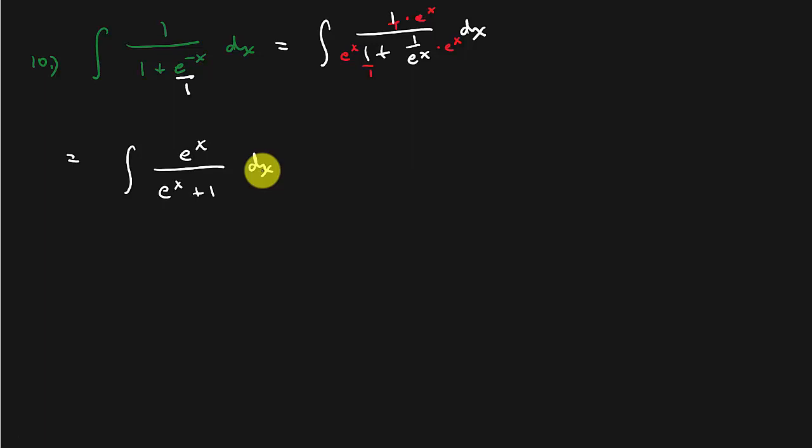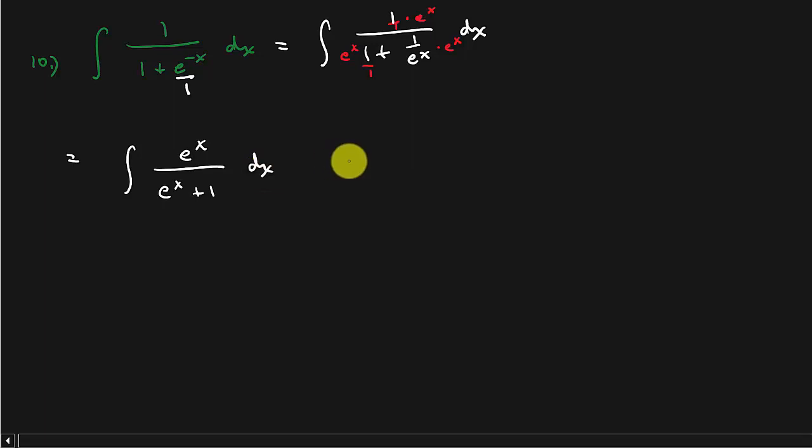And so now let's try U-substitution. I'm going to let u equal e to the x plus 1. I'm going to let it equal this denominator here. And so du is e to the x dx. Well, look at that. That worked out perfect, didn't it? And so now this is the integral. I'm going to replace the e to the x dx with du and replace the e to the x plus 1 with u.